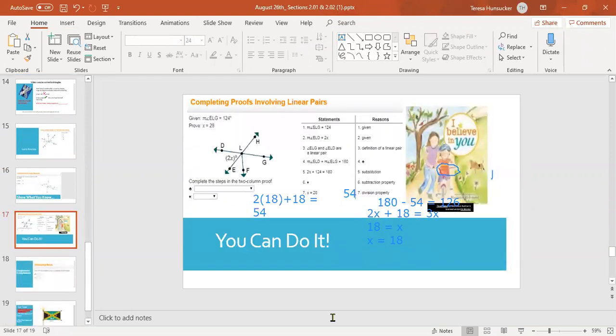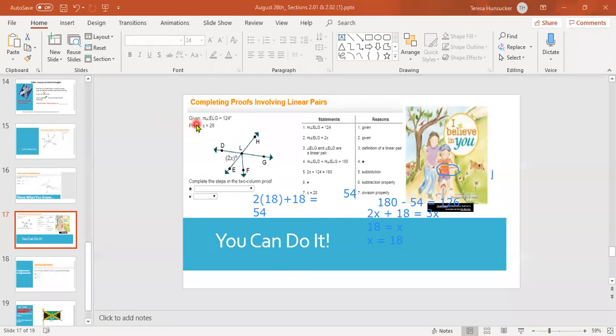All right, so on this one, one of our learning targets was to be able to use a proof, proving x equals 28 using linear pairs. So if you look here, it simply comes down to this.